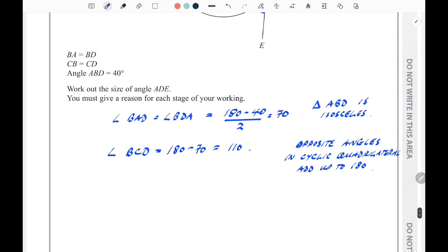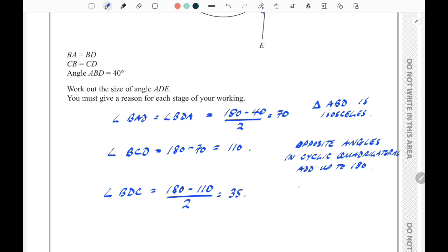We're going to say that angle BDC equals 180 minus 110 over 2, and that equals 35.